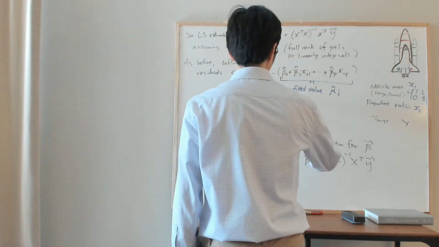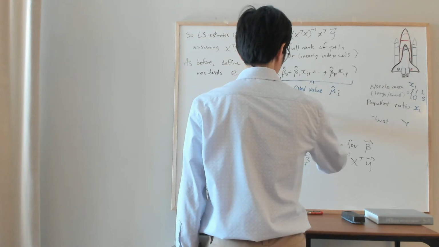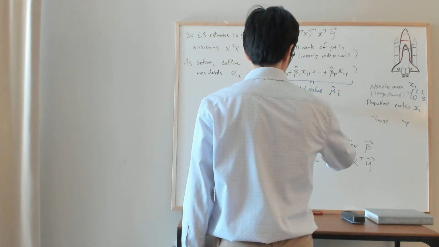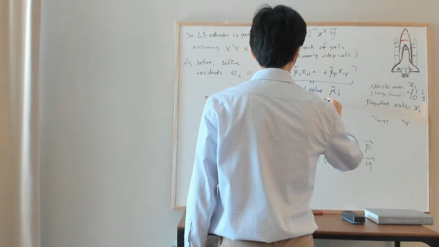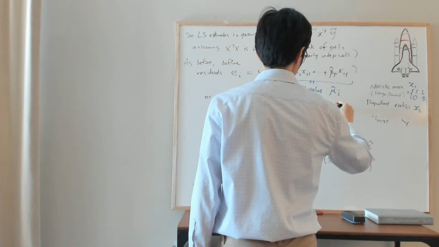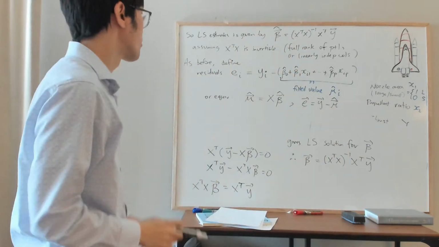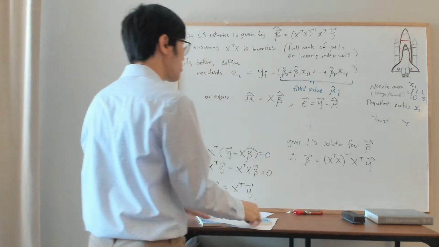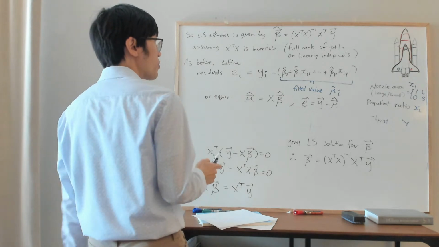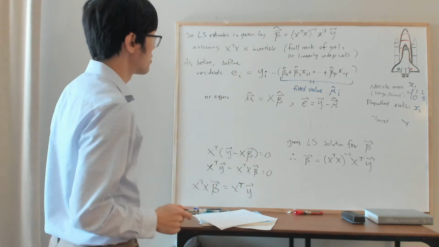And so the vector of residuals e would be y minus mu hat.